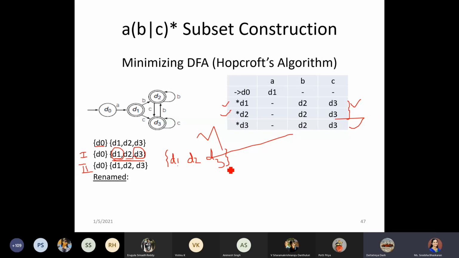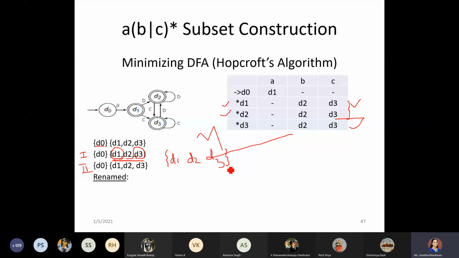If it goes, then I can put it along with that same group. If it doesn't, then I have to split that. According to this example, it goes together. So we can have D0, D1, D2, D3 as a single group. D0 as one group, D1, D2, D3 as a separate group.